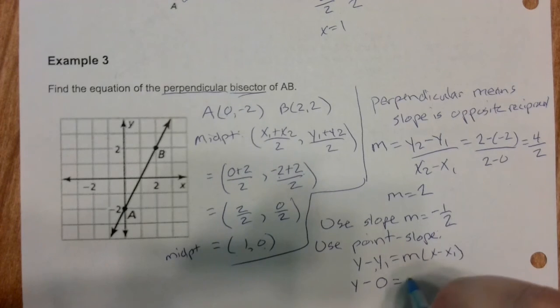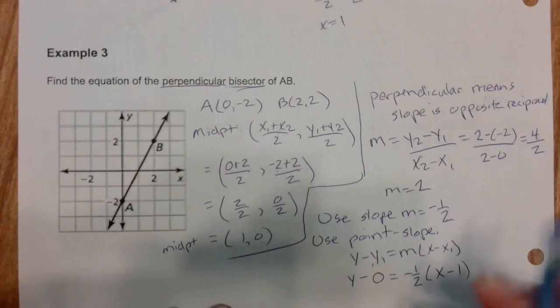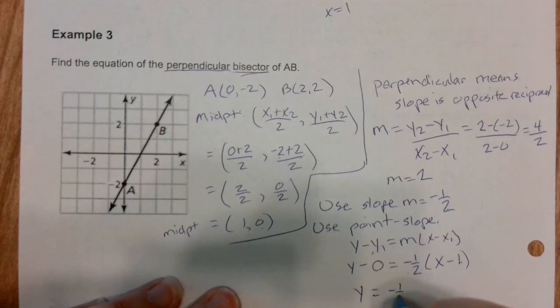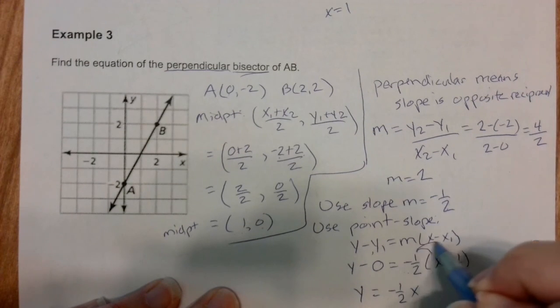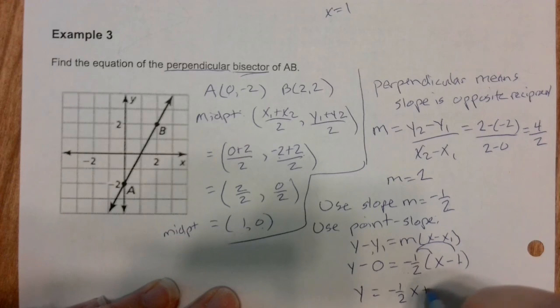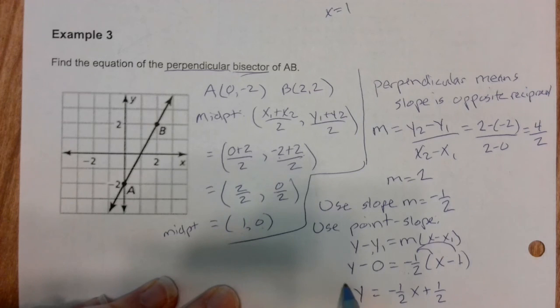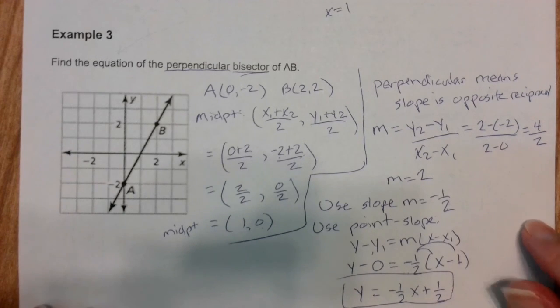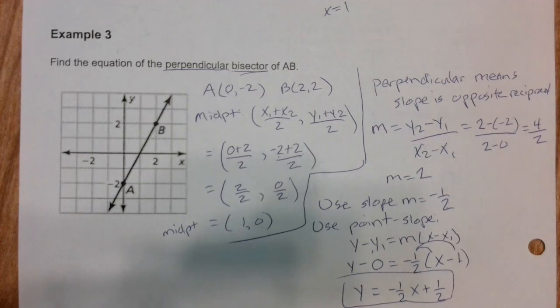Our slope is negative 1/2. X minus the x value, 1. So y minus 0 is just y. And we'll have to distribute the negative 1/2, so it's negative 1/2 x plus 1/2. This is the equation of the perpendicular bisector. And you should now have enough information to complete your homework for section 6.1.